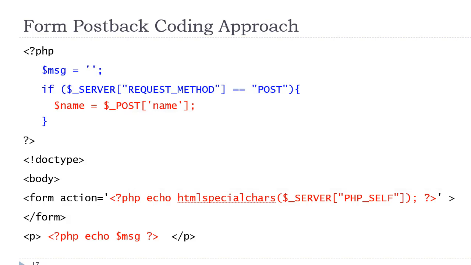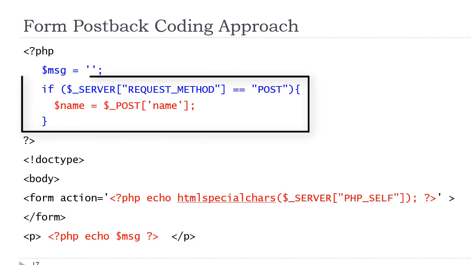How do we know when the form has actually been submitted? We have a $_SERVER global variable, the same one we used already, and we have a request method. One of the values of the request method is POST, which is what our method is in our form, although I did not put it in there because this is just a PowerPoint demo.